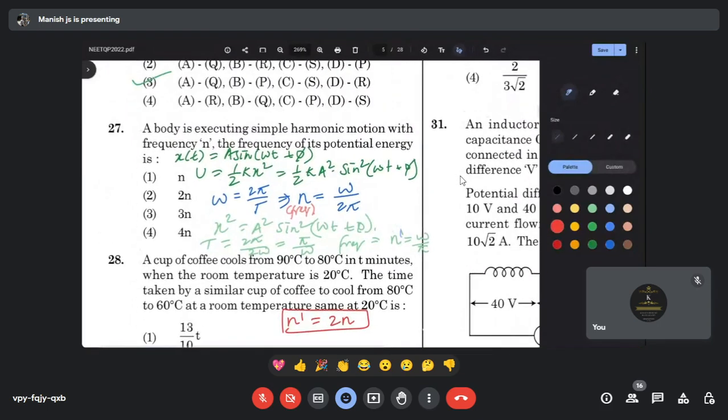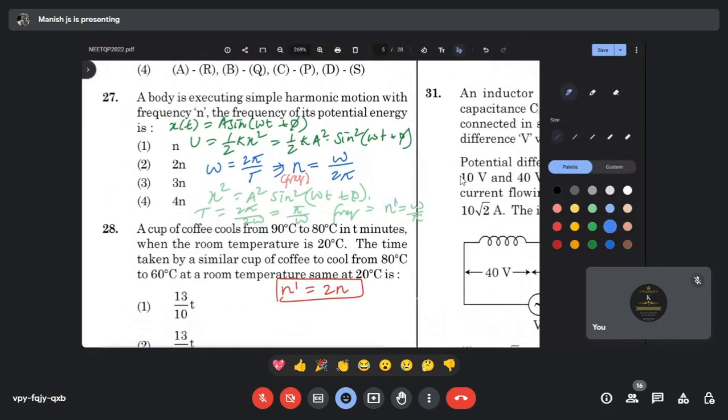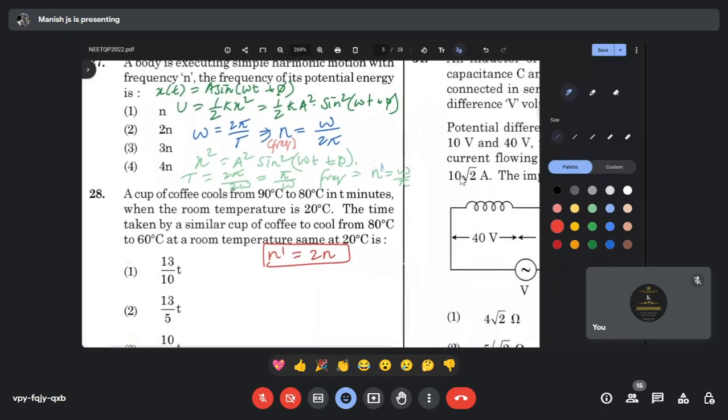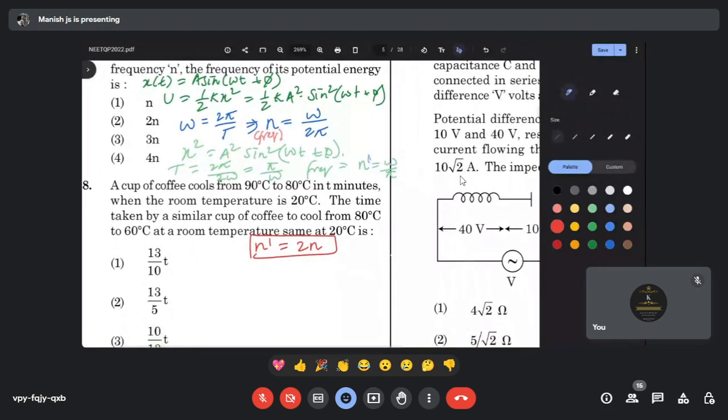Sir, did you write T is equal to 2 pi by 2 omega? Yes, we are expressing the time period. For the potential energy expression, half k A square sine square omega t plus phi, you can write it in terms of the other harmonic function, cos.